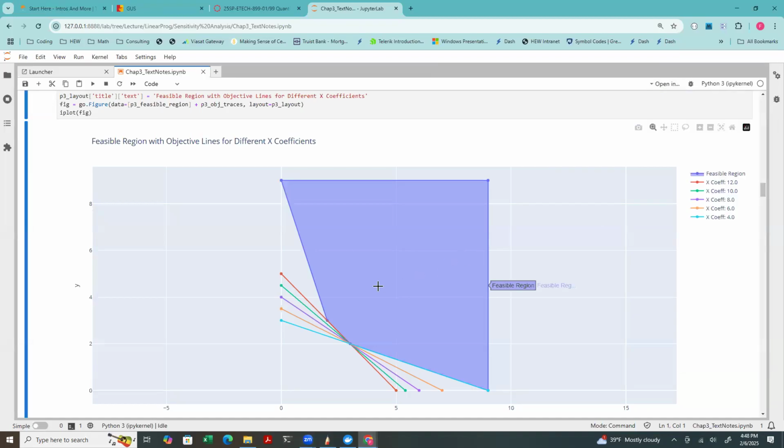Yep. And so what are we rotating about? Well, it originally was 8, so we were sitting right there. And if I increase it, notice it starts to rotate what would be clockwise from 10 to 12.